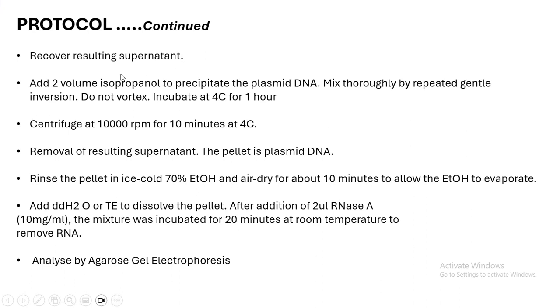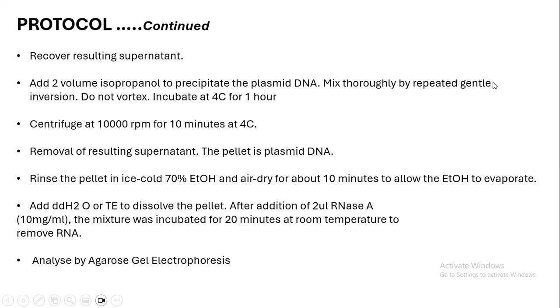We recover the supernatant, and the precipitate over here basically contains all the aggregated genomic DNA and other cellular debris, which come in the form of a white precipitate. So we recover the supernatant in a fresh tube, and we add equal volume or twice the volume of isopropanol.